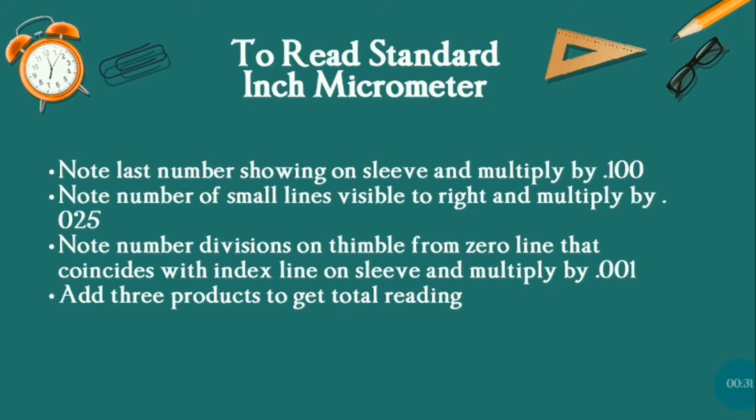Third, note the number of divisions on the thimble from zero to the line that coincides with the index line on the sleeve and multiply by 0.001, or 1,000th. Then you will add the three products to get the total reading.